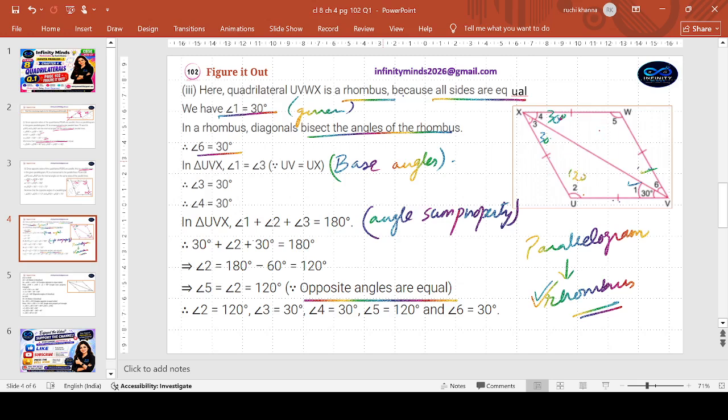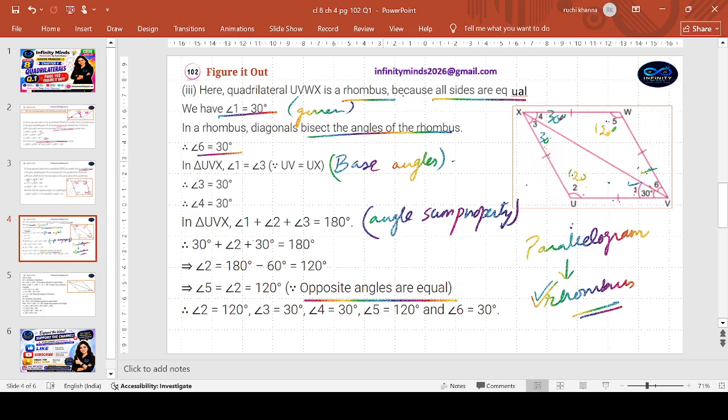So this is 120, this is 120. See how many properties have we landed up using? First of all, base angles, then applying the angle sum property, then using opposite angles are equal, and then the main usage of the property that is valid only for the case of a rhombus. It wasn't possible had we taken it to be a parallelogram, that it bisects the corner angles.